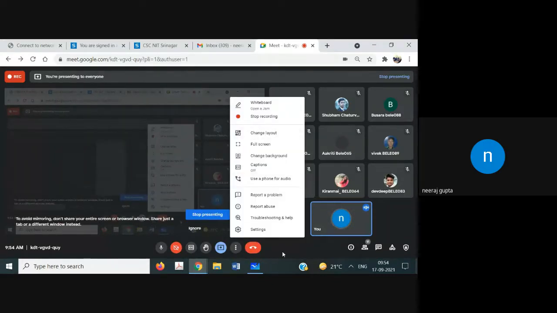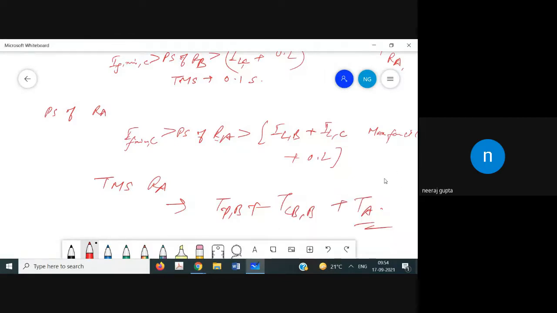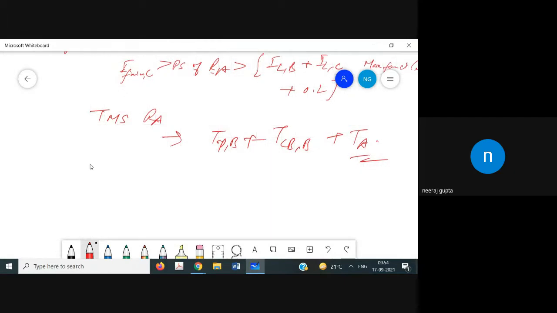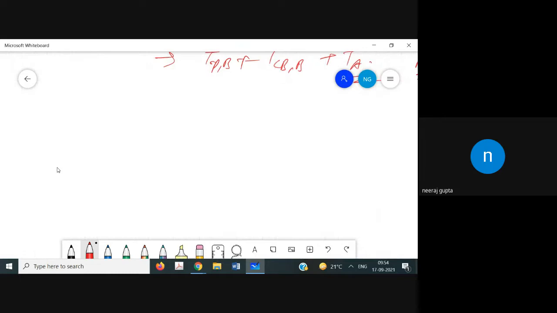Now, some of the questions which arise out of this lecture. First, how is the setting of this IDMT relay done?